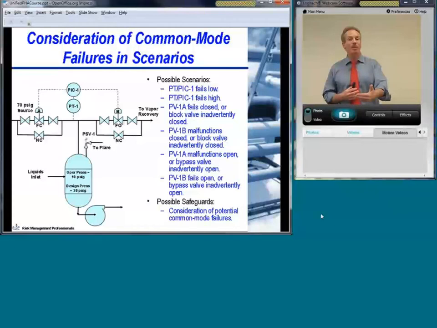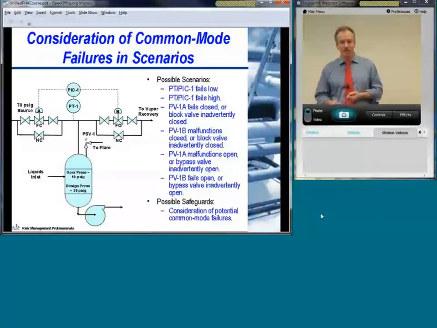So in terms of laying that out, you'd want to look specifically at your pressure transmitter failing low or high, and at the valves themselves opening or closing as a separate issue, not combining them together, because that common mode failure could be much more important and also quite likely, and also consider these types of failures when you're looking at the safeguards.